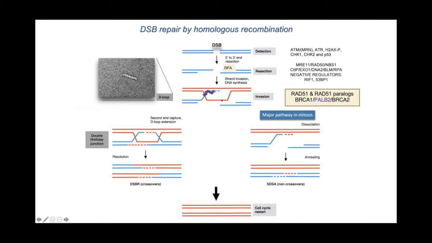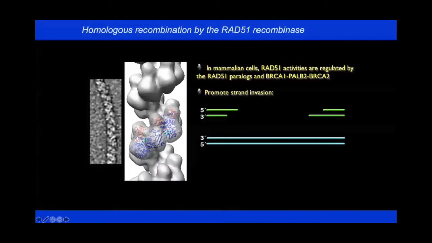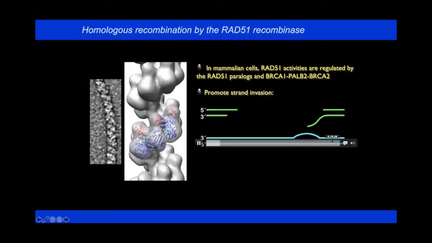And this is a process that is conserved during evolution. In bacteria, Rad51 has a homologue called RecA, and RecA can promote this reaction very well.